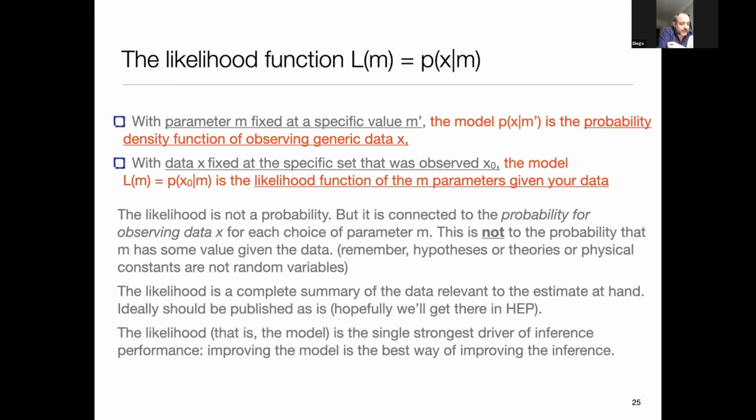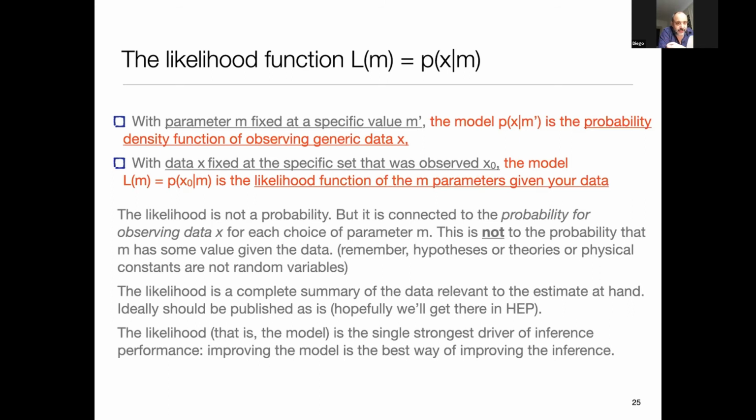So the likelihood is a complete summary of the data relevant to the estimates of M. It is a very powerful instrument, and ideally one should publish the whole likelihood itself.